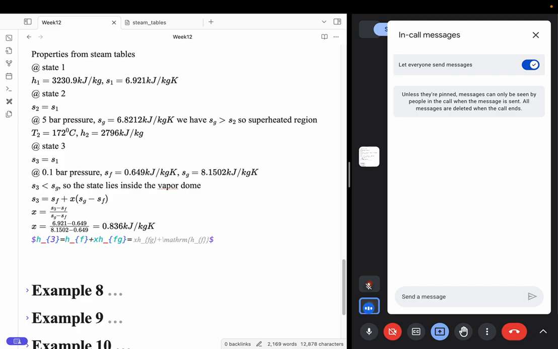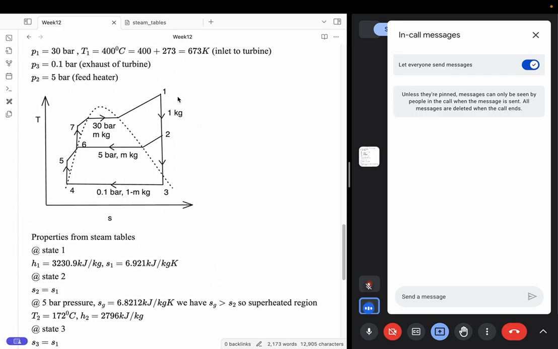So H3 is 191.8 plus 0.836 times HFG, which is 2390.8. That comes to around 2192.2 kilojoule per kg, let's round it off. So now I have H3.